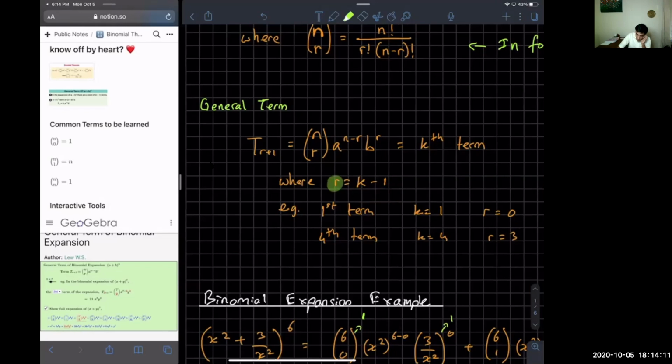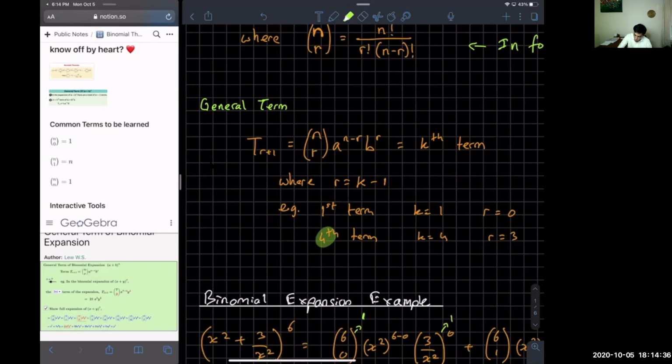So for the 1st term, for example, k is 1, but r is 0. So this is 0, this is 0, and this is 0. Similarly, for the 4th term, you do 4 minus 1 to get 3. So this is 3, 3, and 3. It's very important you know that.